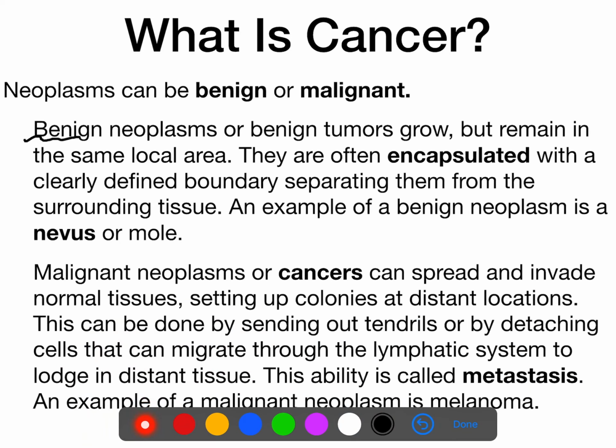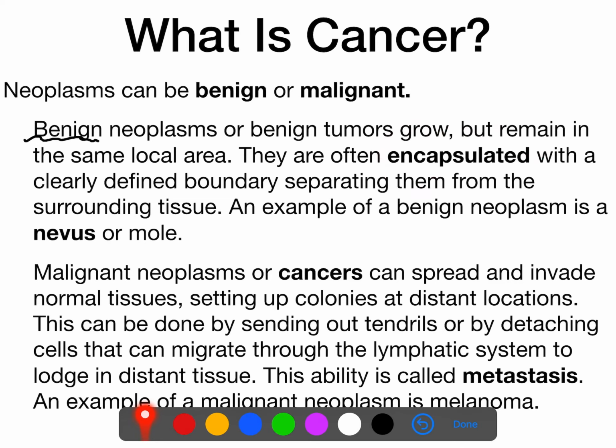A benign neoplasm, or what's called a benign tumor, grows, but remains in the same local area. Often they are encapsulated with some sort of membrane surrounding them that keeps them from spreading out.